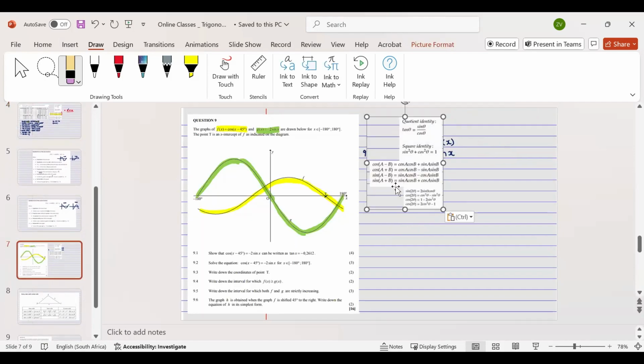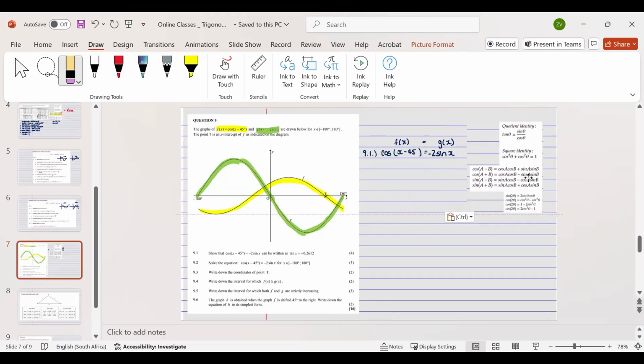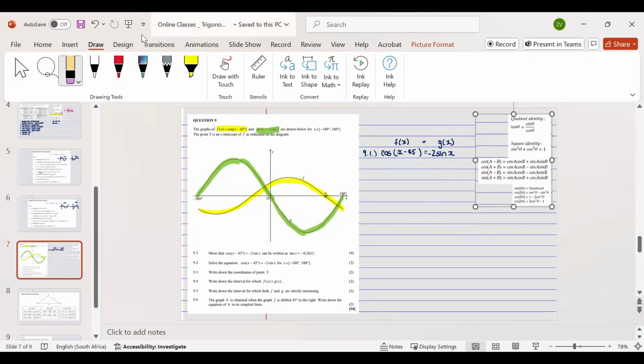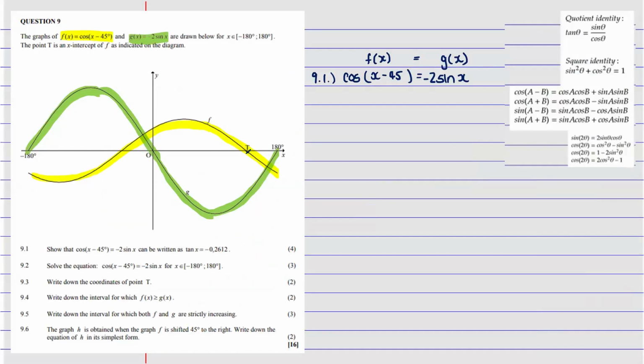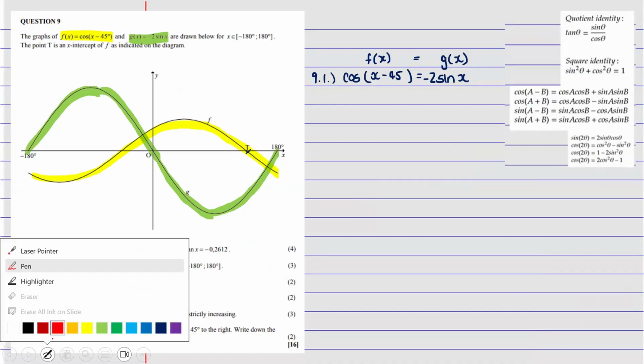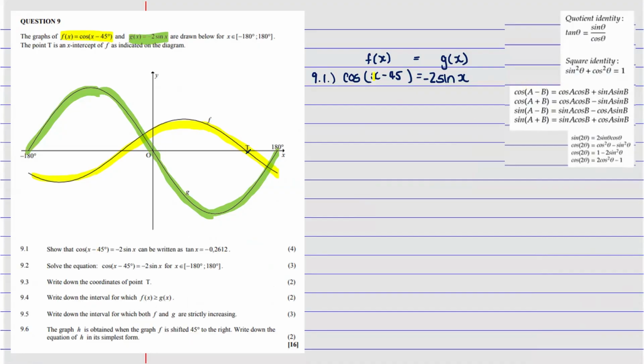Okay, so for this cos(x minus 45), what can we use? We can use the identity. The identity that we're going to use is this one, because we can reduce it. And the nice thing is that 45 is a special angle, so the other ones are going to be actual values. So we can use this identity. Do you see that? You guys see that?